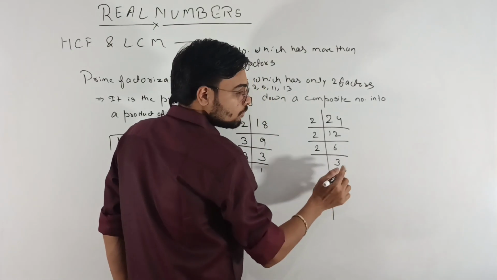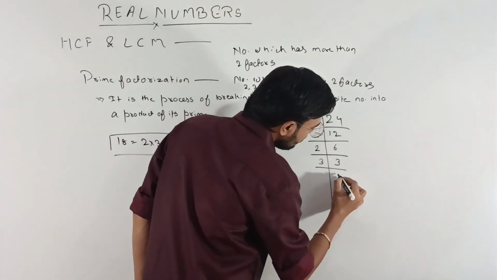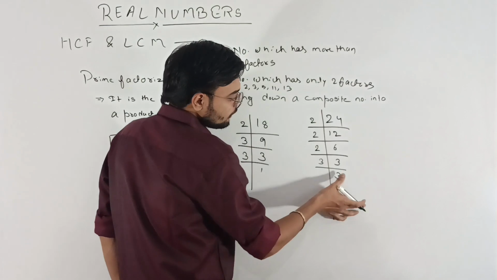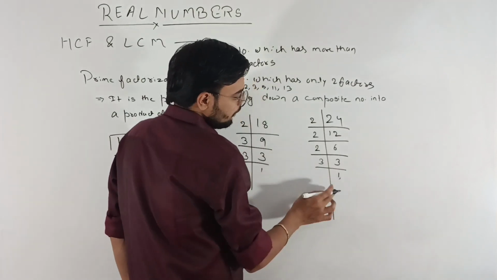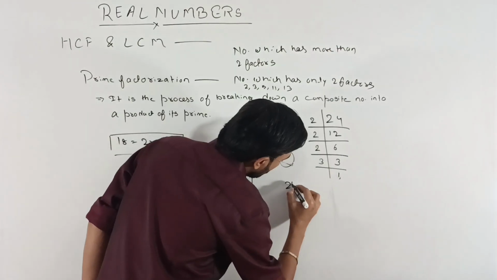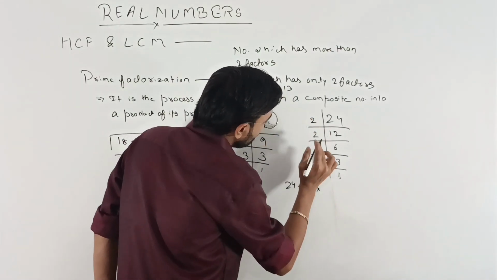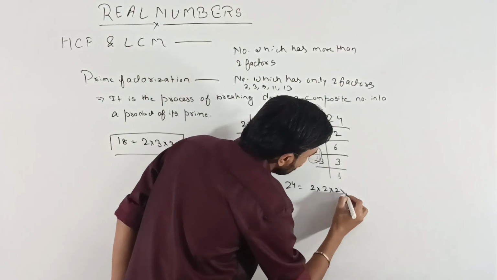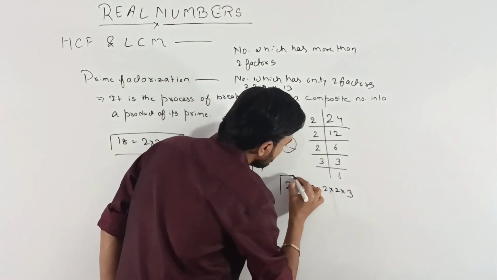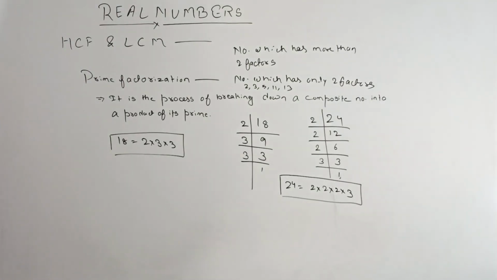Now 3 is not divisible by 2, so we check the next number, 3. 3 is divisible by 3, 1 time. Then I write 24 as 2 into 2 into 2 into 3. This is the prime factorization of 24. I hope you understand what prime factorization is.